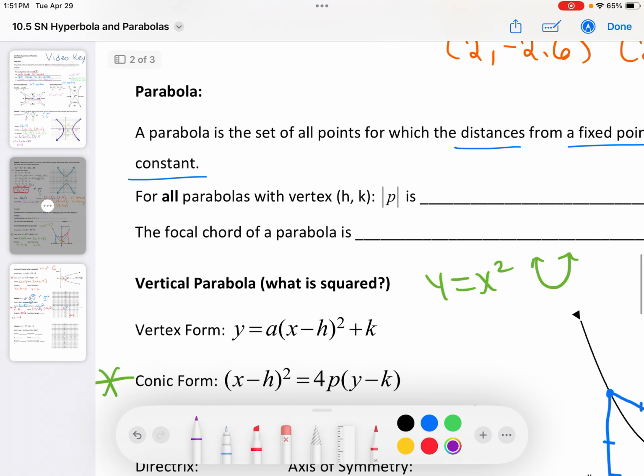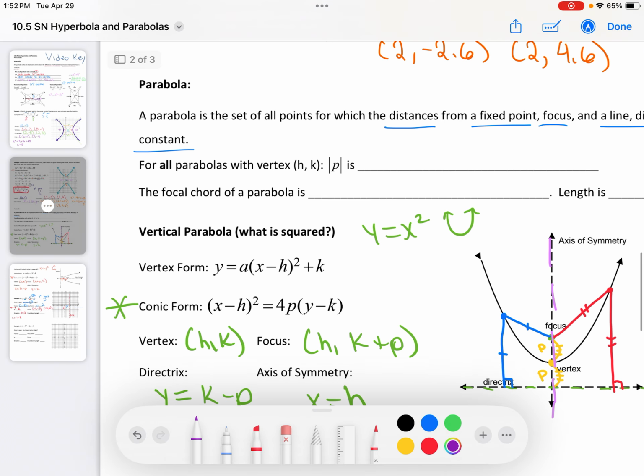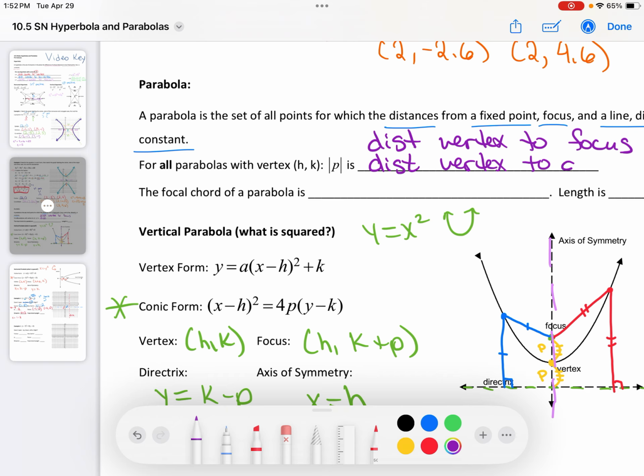For all parabolas with a vertex HK, P is two things. It's the distance vertex to focus, and it's the distance vertex to directrix. It's that value P that we see right here on that graph.